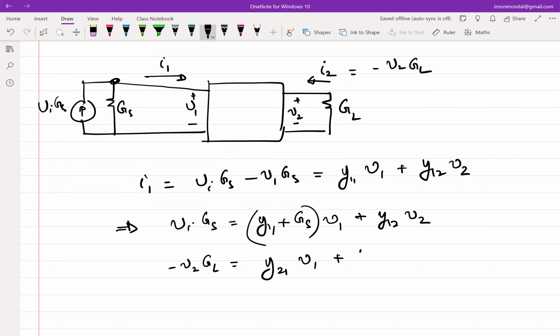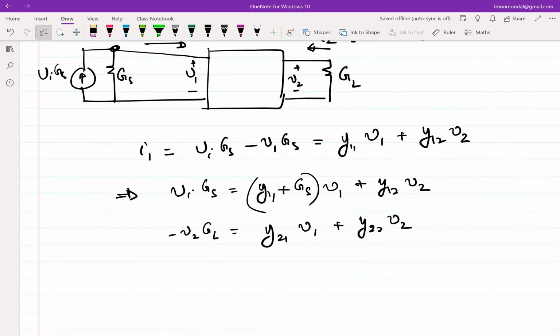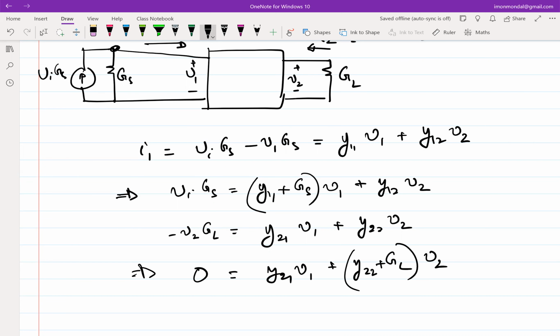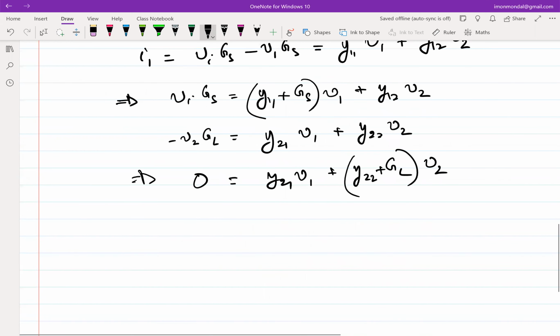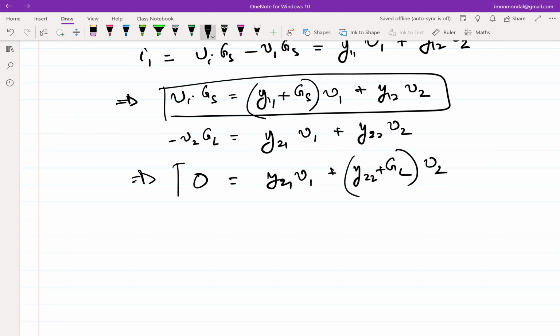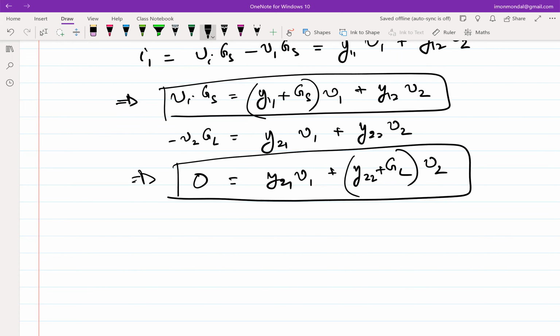Y21 V1 plus Y22 V2. So if I write in a proper way, this becomes, so this equation and this equation in a matrix form.